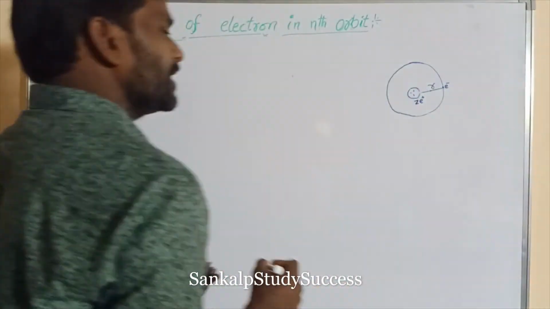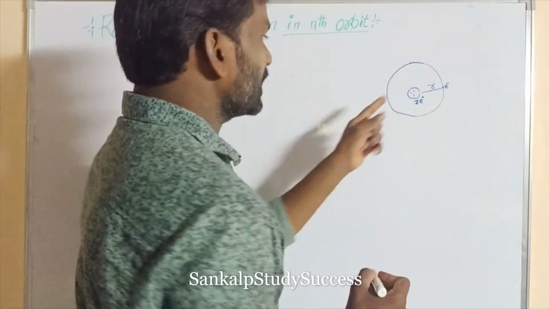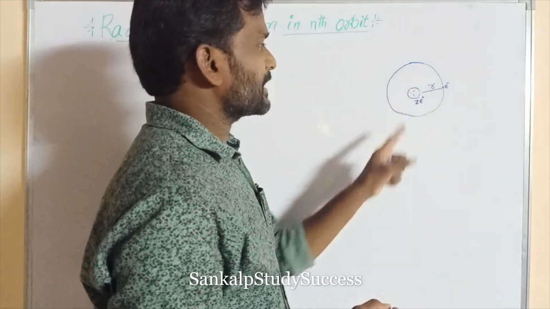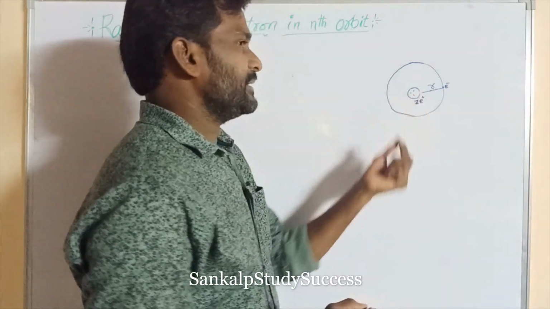Now here the charge of the nucleus is positive and the charge of the electron is negative. So an electrostatic force of attraction is present between the nucleus and the electron. What is that?